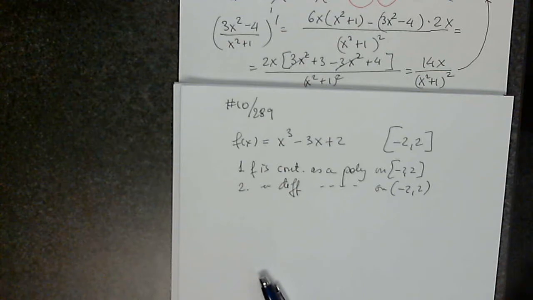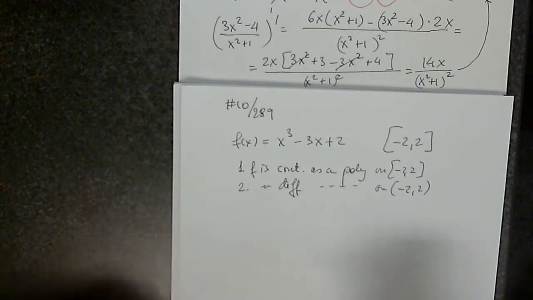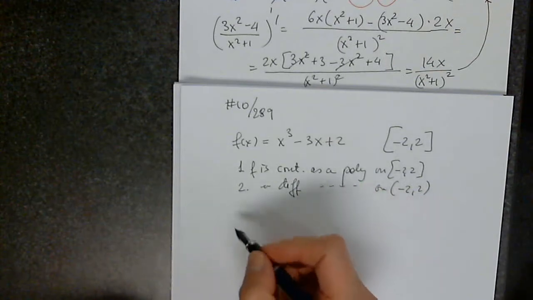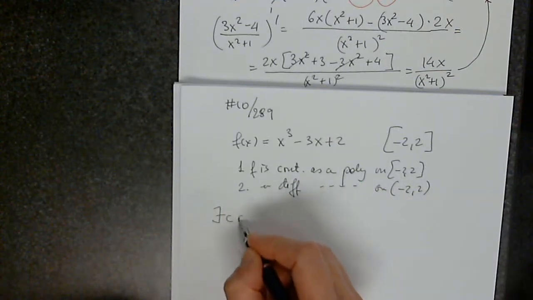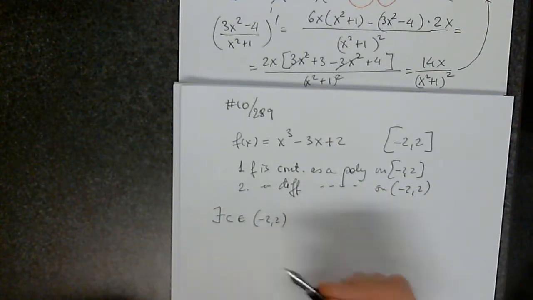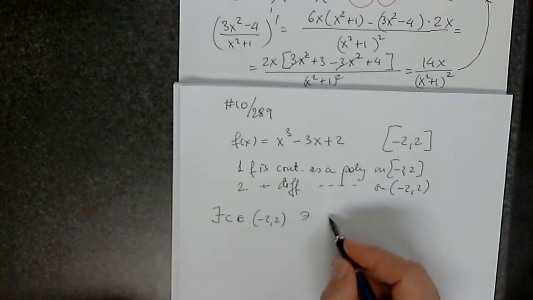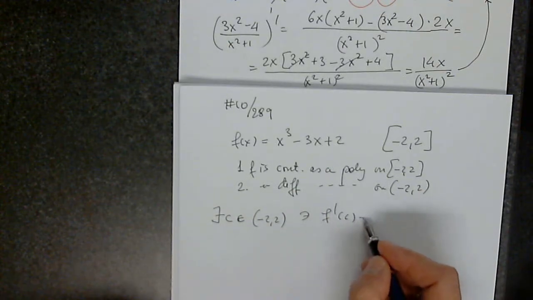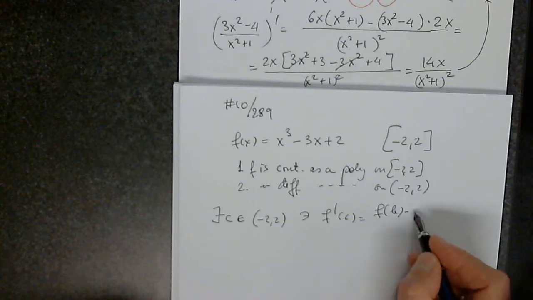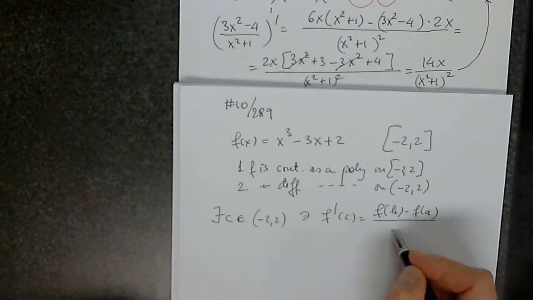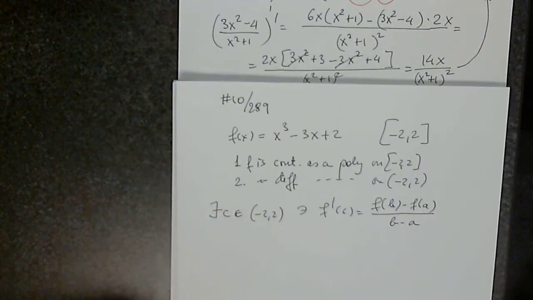Okay. Anyway, very good. So then, if that happens and it's true, then there exists c in the interval (-2, 2) such that f prime of c equals f of b minus f of a over b minus a.